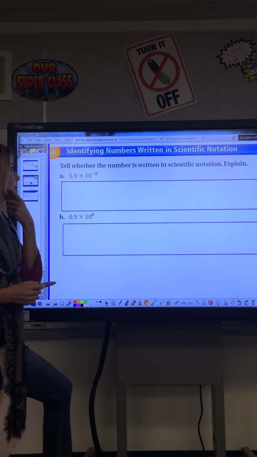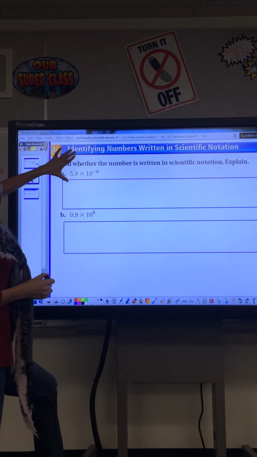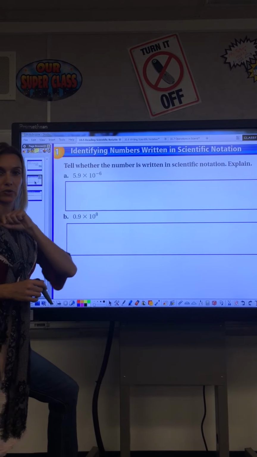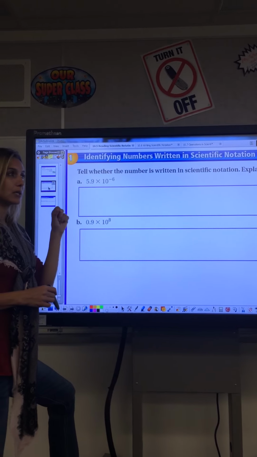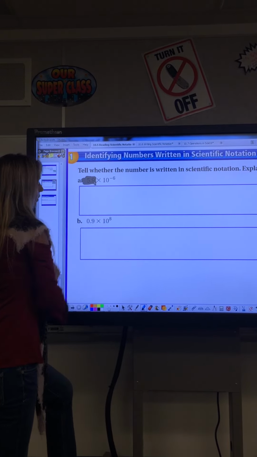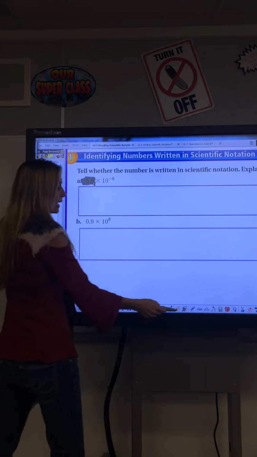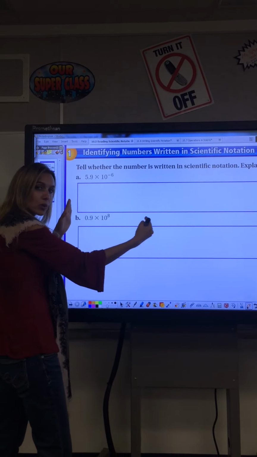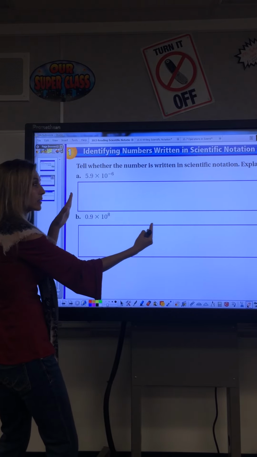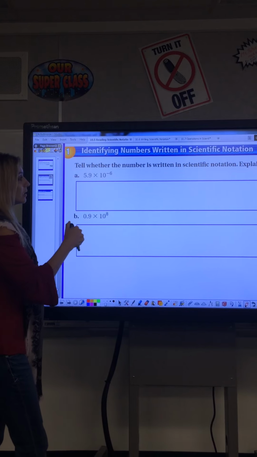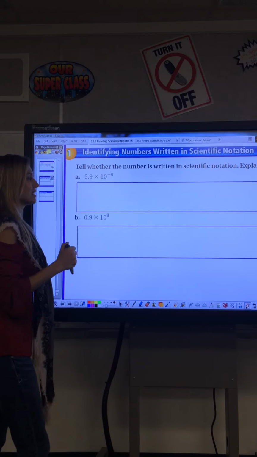First I'm going to look at this, and it says, tell me if the number is written in scientific notation. Well, we said that the first number has to be 1 or greater than 1, however less than 10. Well, is 5.9 greater than 1? Yes, it is. Is it less than 10? Yes, it is.